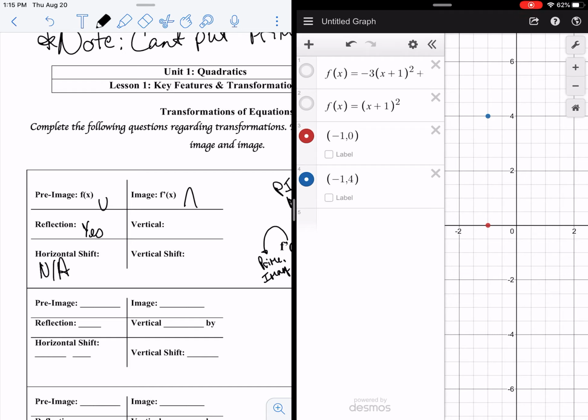A bunch of us are going to say 8 here, we may say 2. Be careful, look at your scale. In my case, based on my window right now, my scale is 0.5: 0.5, 1, 1.5, 2. Pay attention to your numbers on the axes, guys. That's a tip I can give you. So I've gone up 4.